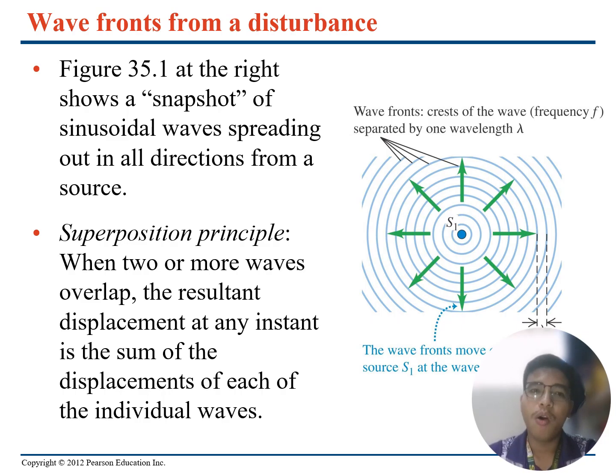In other words, waves pass through one another without losing their identities. This principle is fundamental because interference patterns arise directly from the addition of wave amplitudes. Without superposition, interference could not occur.